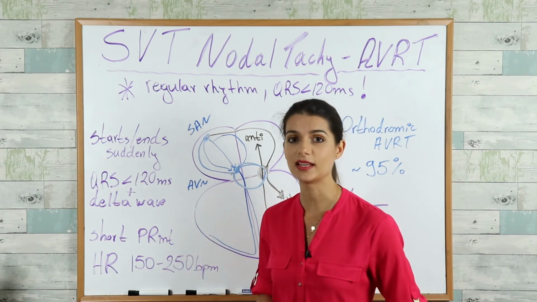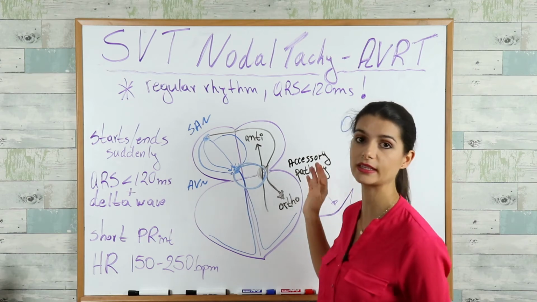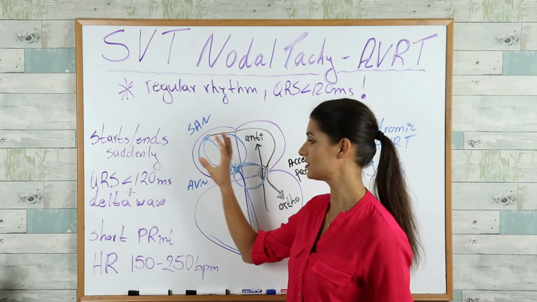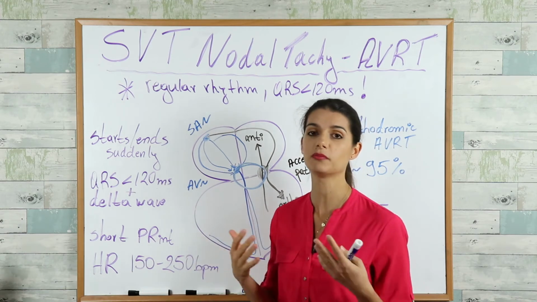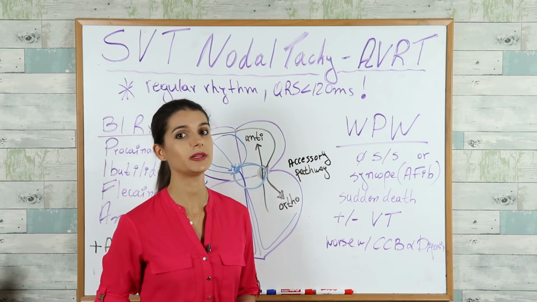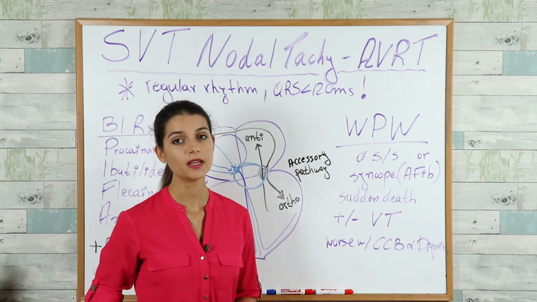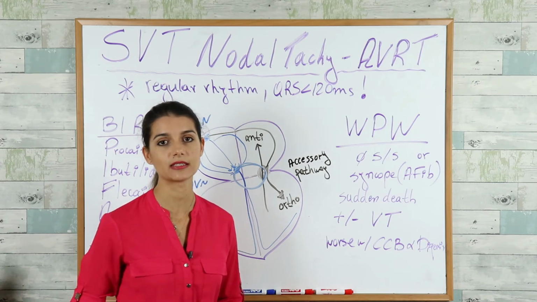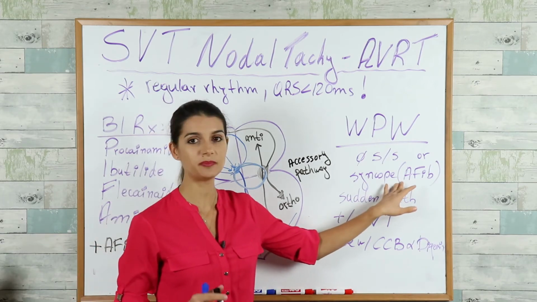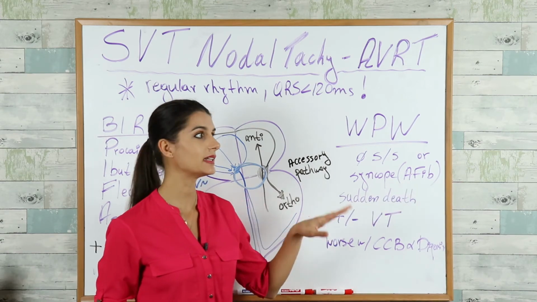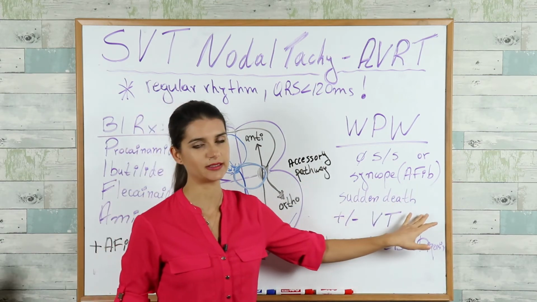A classic example of the orthodromic AVRT is the Wolff-Parkinson-White syndrome. It presents with all these features and symptomatic tachycardia. Patients with Wolff-Parkinson-White syndrome can be completely asymptomatic. But if they are symptomatic, they're going to present with the symptoms that we just discussed, and also syncope, especially when they have atrial fibrillation on top of that, or it can even lead to sudden cardiac death.